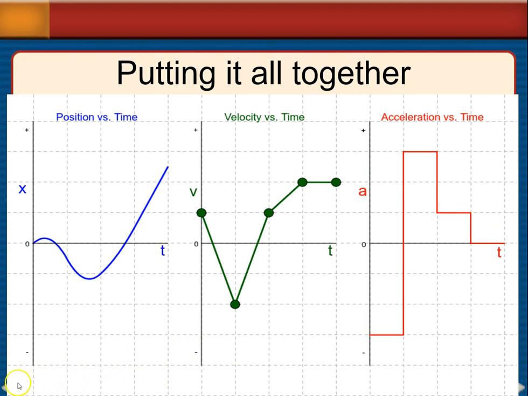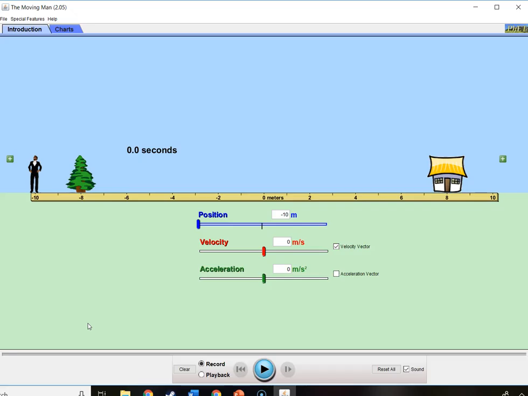Let me show you what this looks like in practice. We have this little simulation here. We have a person who's at a position of negative 10 meters from the origin. Right now he's not moving and doesn't have an acceleration. Now, if I give him, let's say, a 3 meter per second velocity, he's going to go that way at pretty much a constant speed.